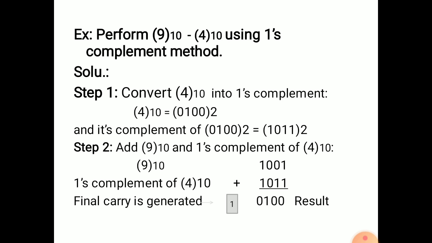Next 1 plus 1 is 0 and carry is 1. It means final carry is generated in this example.